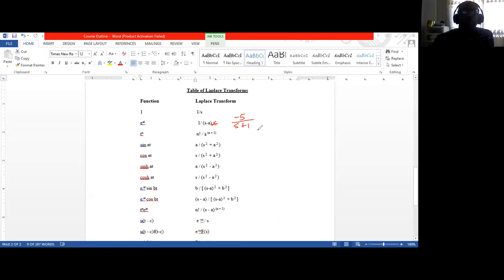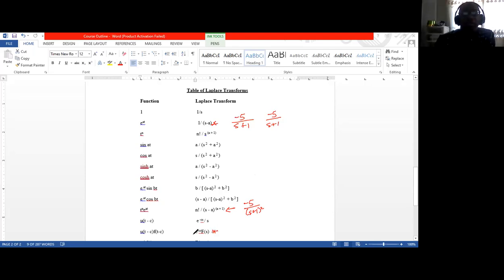We're going to be using this function here because we have minus 5 over s plus a half. And this function here because we have minus 5 over (s plus 1) squared.